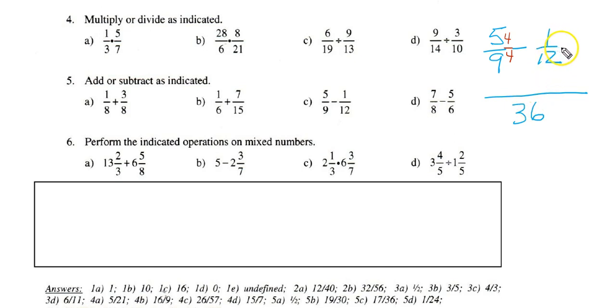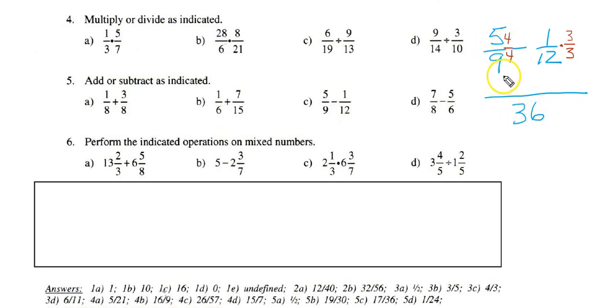And what form of 1 do I need to multiply this to make it into an equivalent fraction with 36 as a denominator? And if you said 3/3, that is correct. So 4 times 9 is 36.